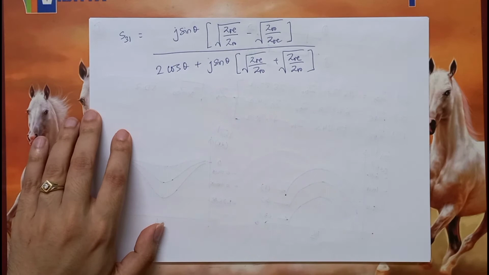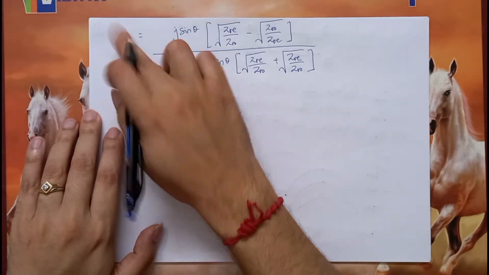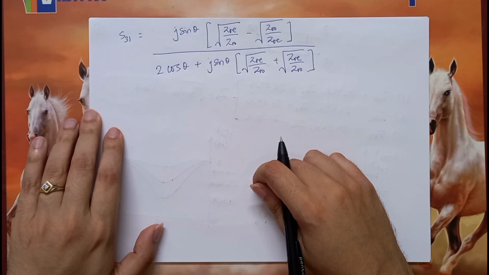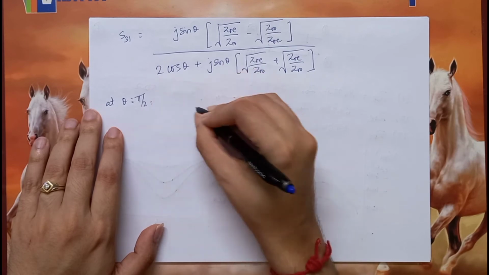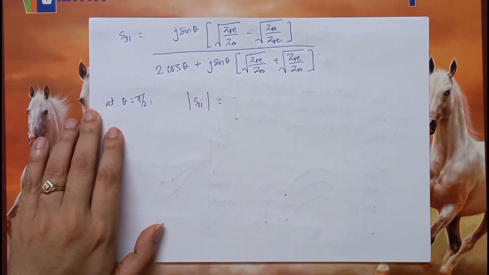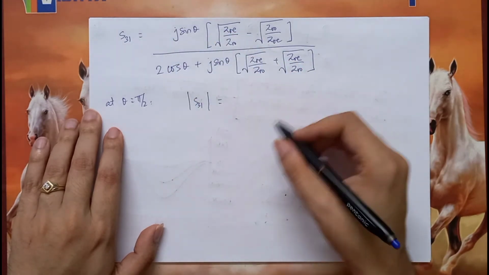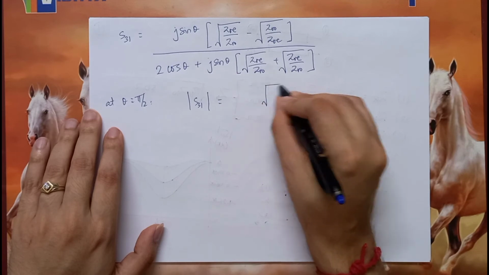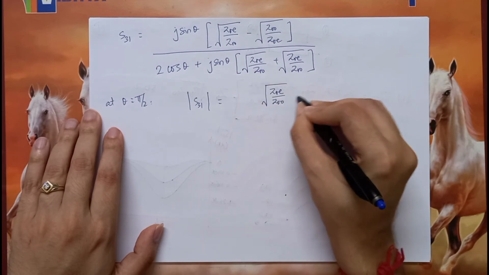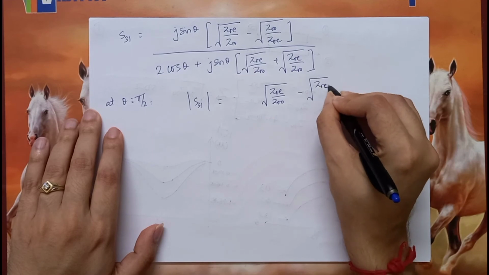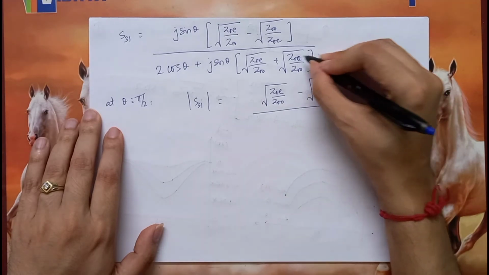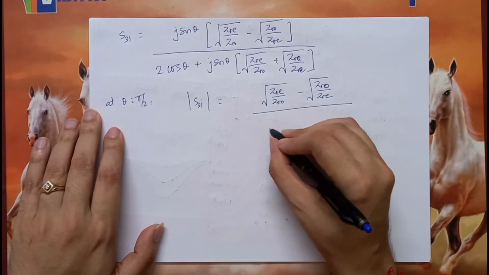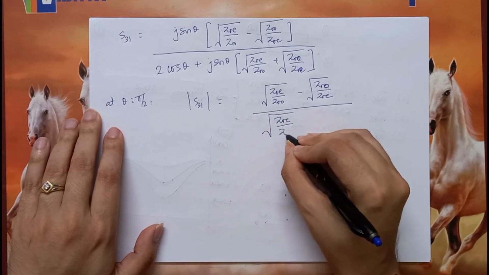If you take the derivative of this S31 with respect to theta, you will see that at theta equals pi by 2, the mod of S31 is essentially this. The cos theta term will disappear, and the j sin theta terms will cancel out. Sorry, this will be Z0e by Z0o.